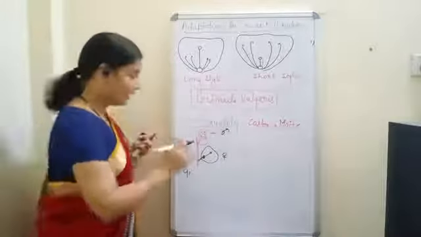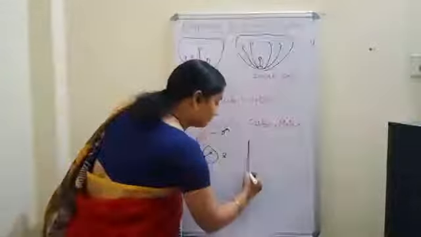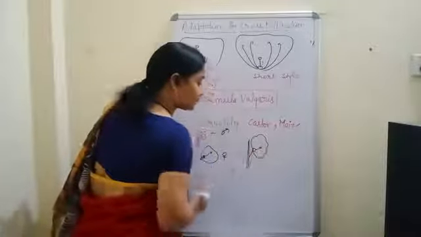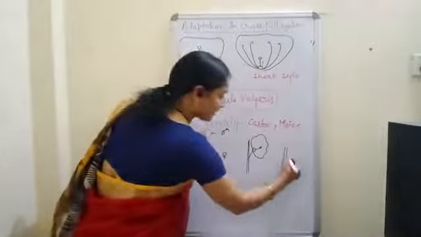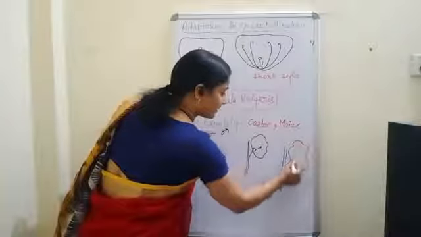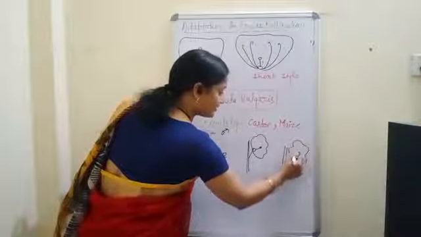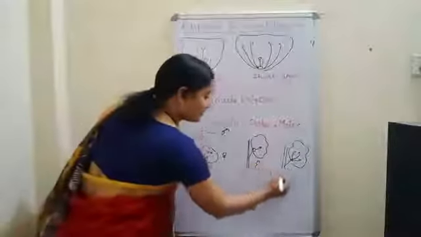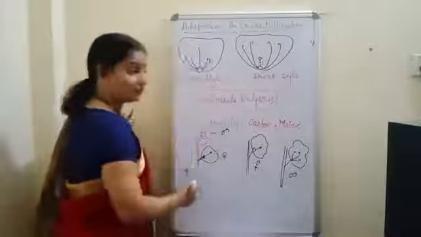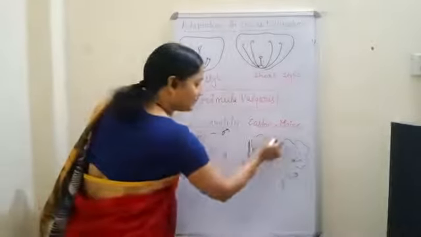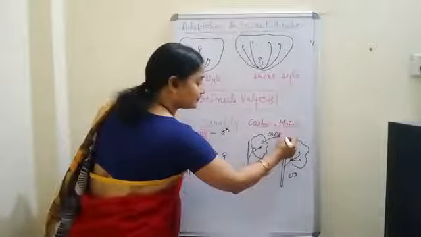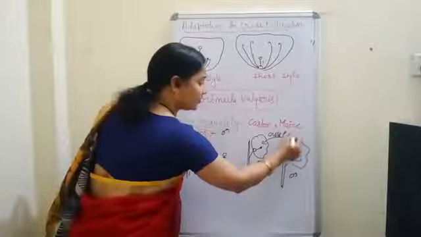Clear? Now, there may be the plant. This is the female plant. And this is the male. This is female. This is male. Now here 100% cross-pollination will occur. 100%.